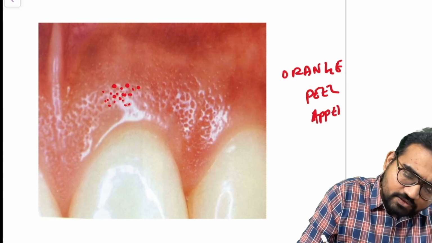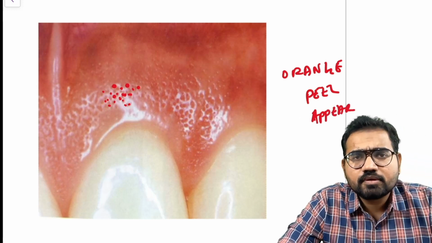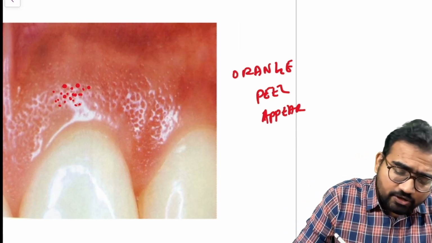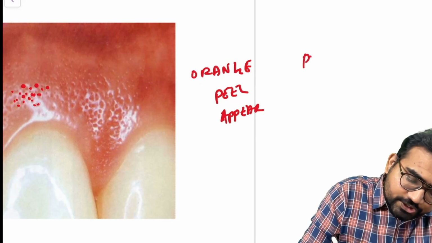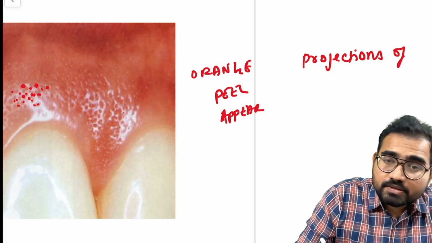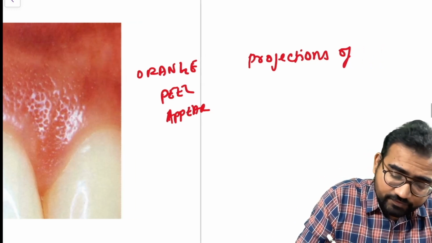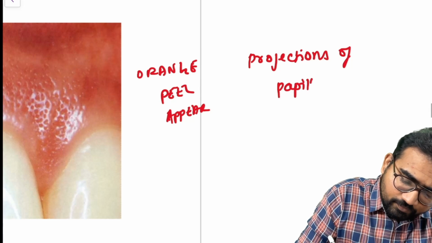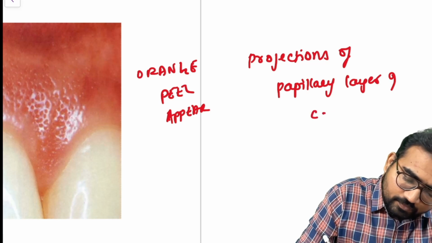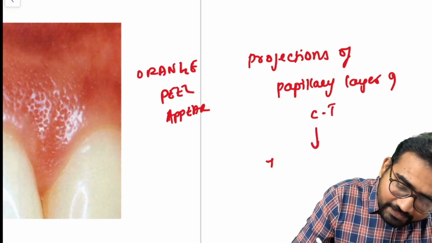Why does this orange peel appearance come? Very simple. It is mainly because of the projections of the papillary layer of connective tissue into the epithelium.